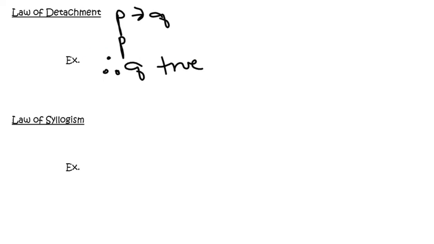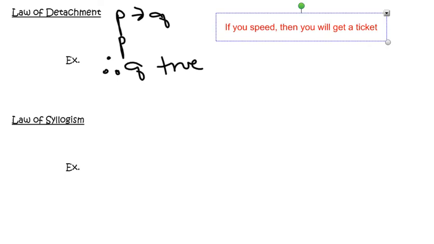Okay, so for example, let's just say the speeding ticket example again. If you speed, then you will get a ticket. That is my original conditional. This will be given to you. So that's your P then Q. And then let's just say that Miss Flip went driving one day and I was speeding.